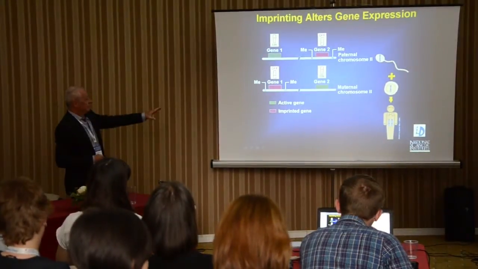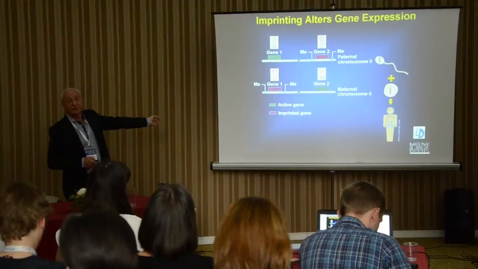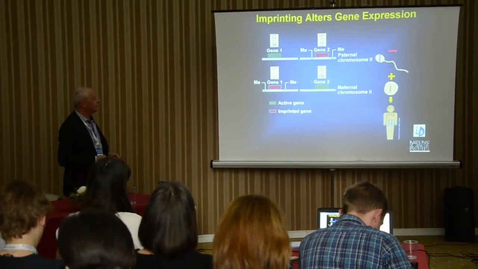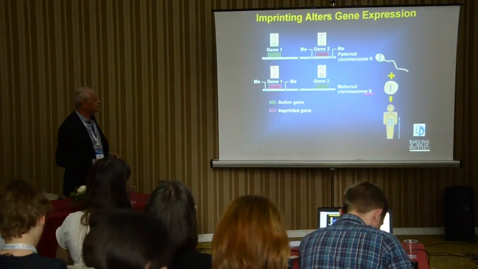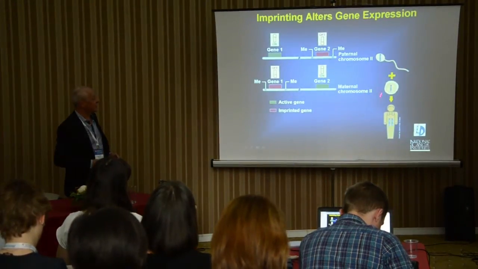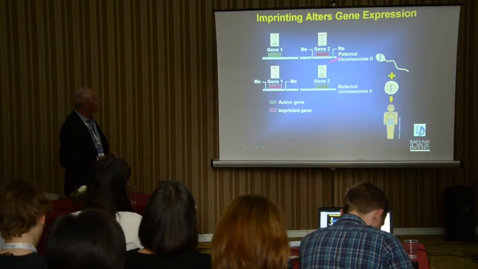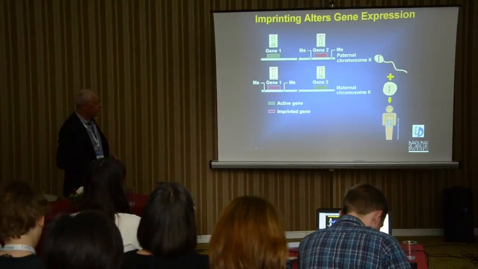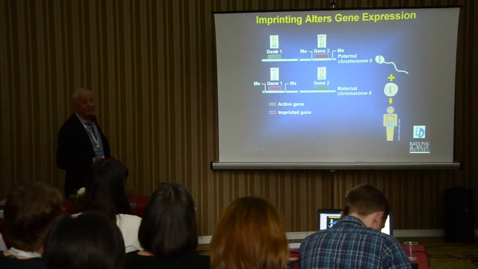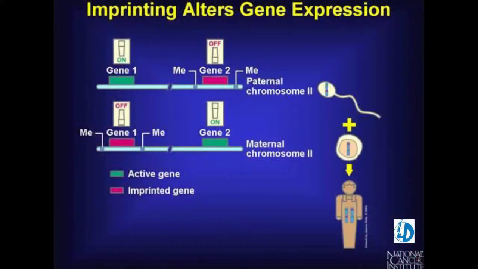Now, what happens when you make a fertilization in the lab? This is a paternal chromosome coming from the sperm, and this is a maternal chromosome coming from the oocyte to get the baby. For example, in this case, you have two genes, gene 1 and gene 2. For the paternal chromosome, gene 1 is open, it's working, there is an expression of the gene because there is no methyl radical.